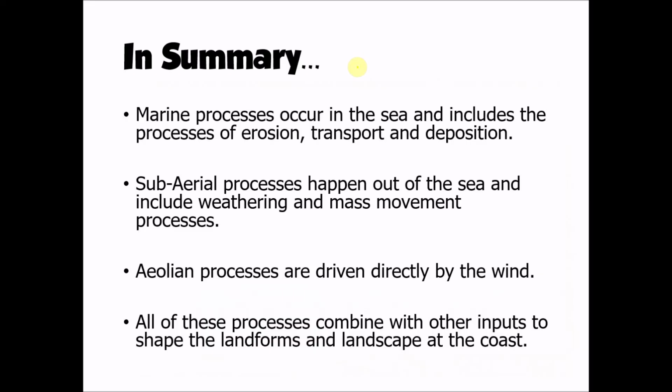We have Aeolian processes, which are driven directly by the wind and again responsible for the transport of beach material. All of these processes combine together with other inputs such as the geology to shape the landforms and the landscape that we have at the coastline. And that's what we're going to move on to look at in our next videos. We're going to be considering some of the erosional landforms that we find along the coast.